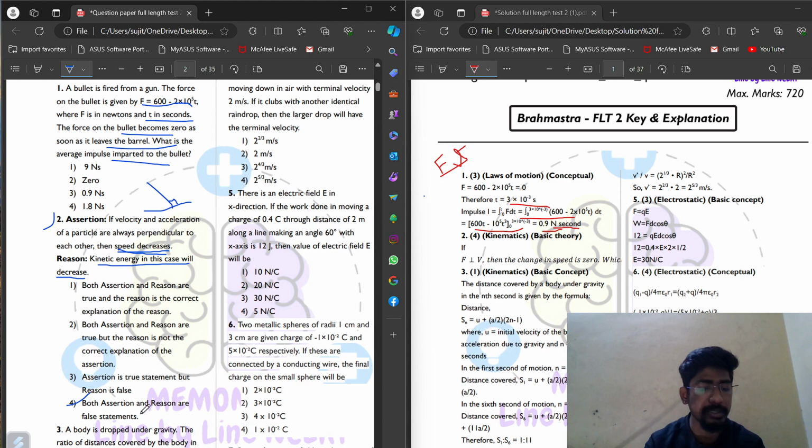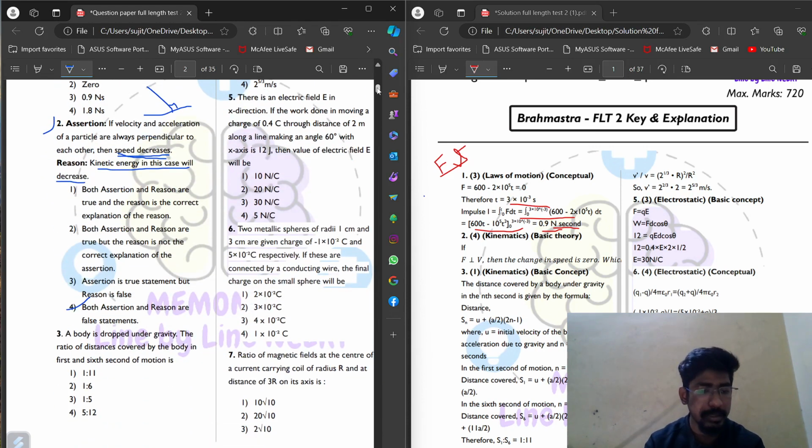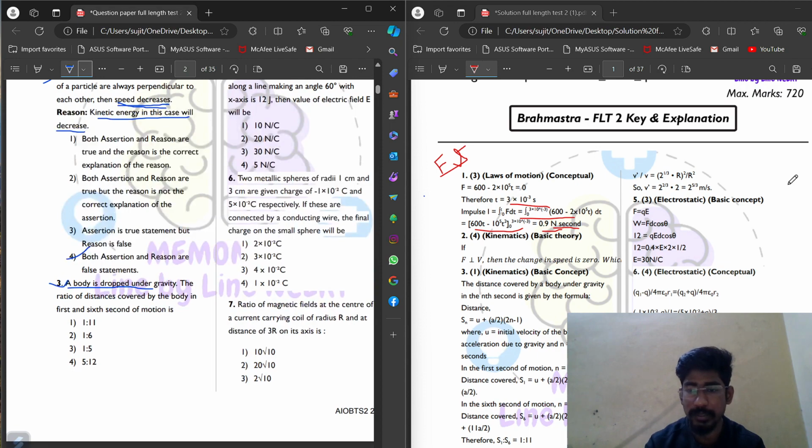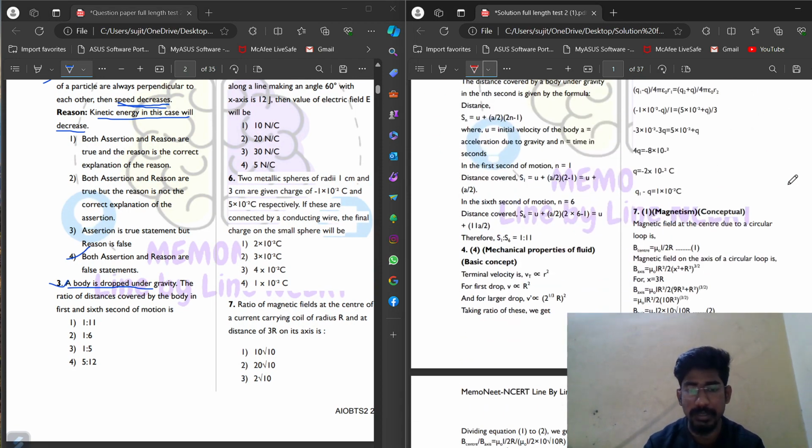Both the statement and the assertion are false, right? Okay, next: a body dropped under gravity, that is from gravitation. The ratio of distance covered by the body in the fifth and sixth second. You can say kinematics, or you can say gravitation, right?